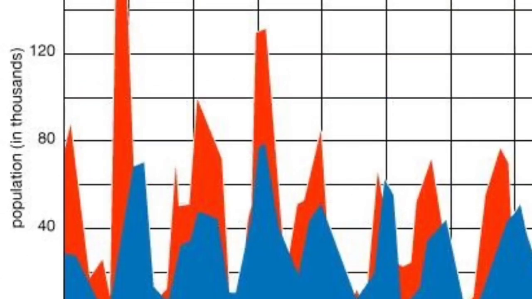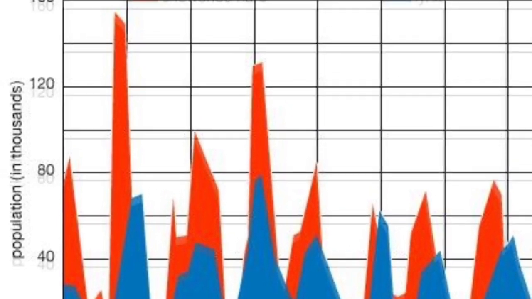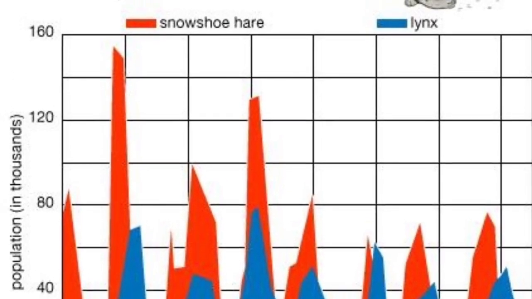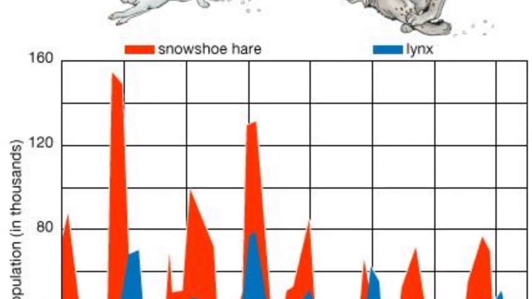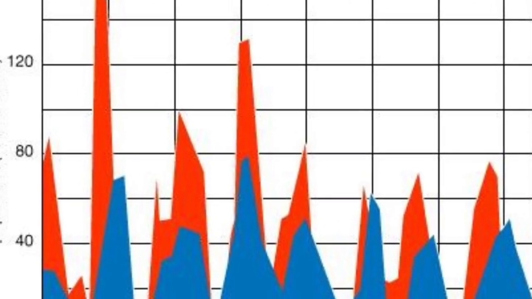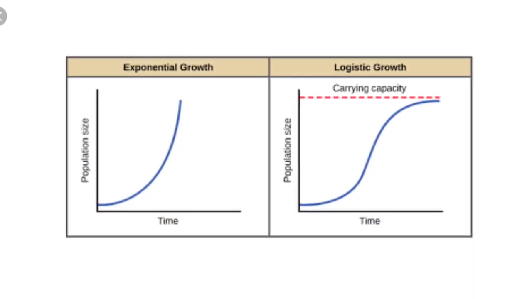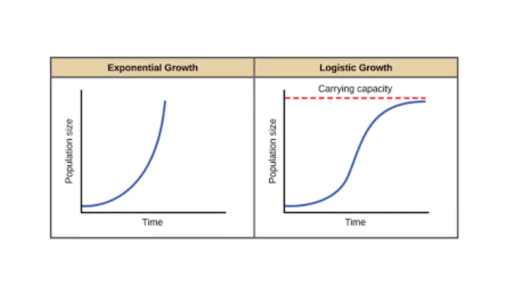In this relationship, whenever the prey population goes down, the predator population is going to go down. And whenever the prey population goes up, then the predator population is going to go up, just like you see between the lynx and the snowshoe hare.